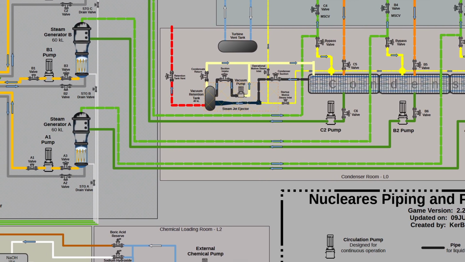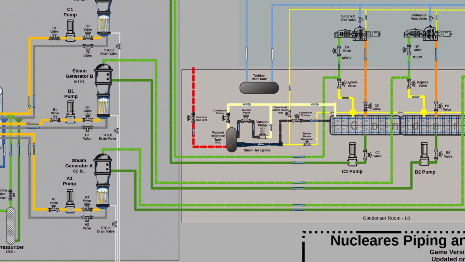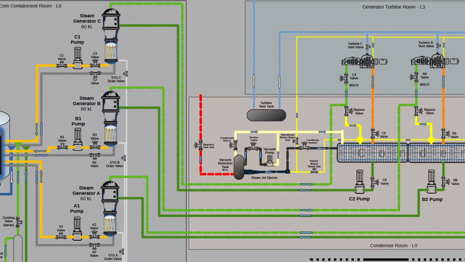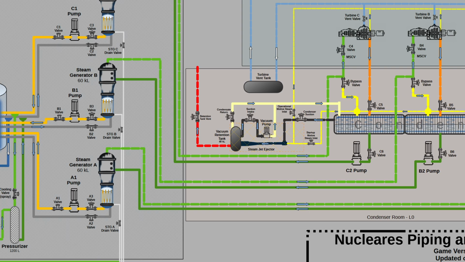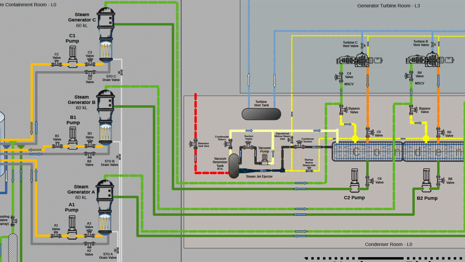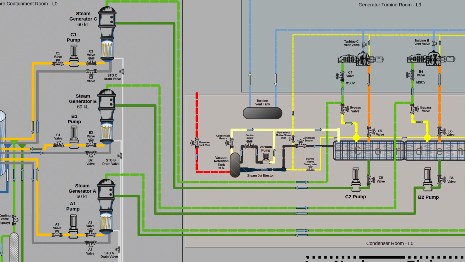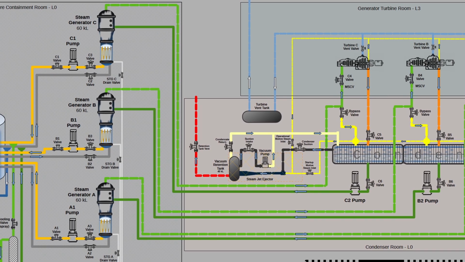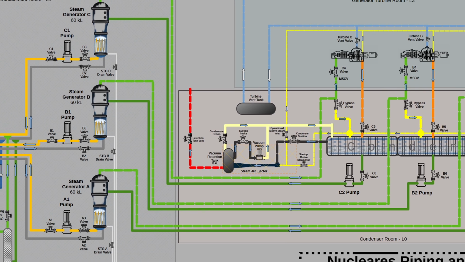Then you have another one which comes out the top, so I think this is loop 3, or the generator C is loop 3, and then you got loop 2 and then loop 1. I'm pretty sure that steam generator C is the loop 3.